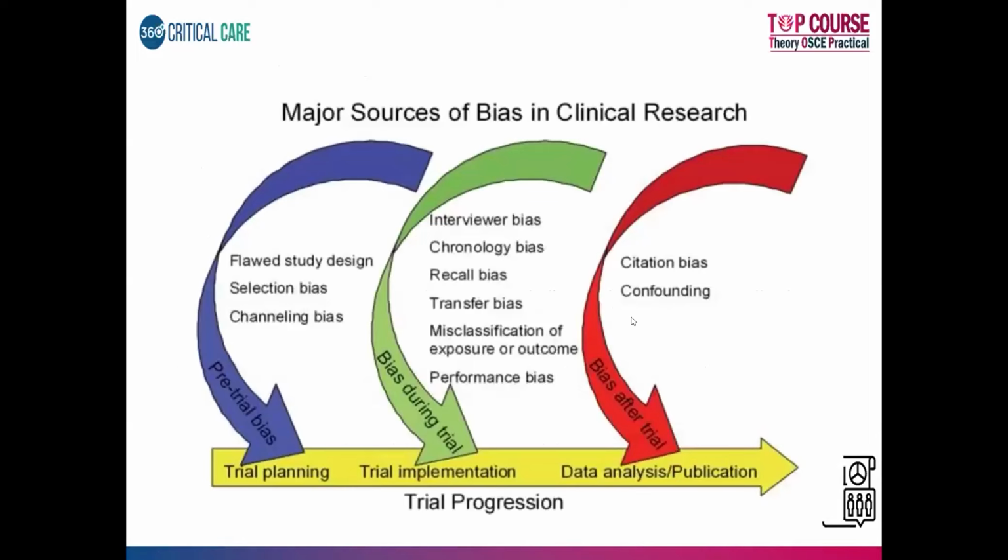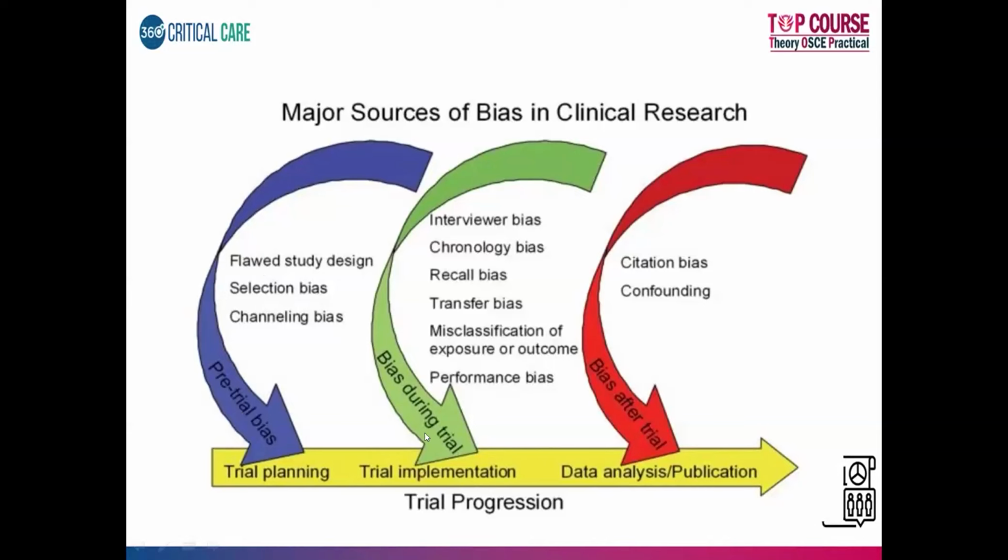Now, as I told, the bias can occur anywhere in the trial. So it could be in the pre-trial, it could be during the trial, or it can occur after the trial while you are analyzing the data. So in the pre-trial, what are the different biases which you can face? One is that the study design itself is flawed. Second is selection bias and channeling bias.